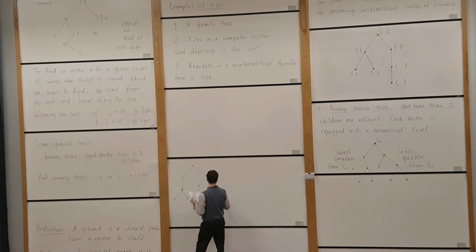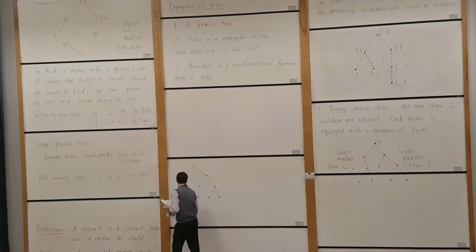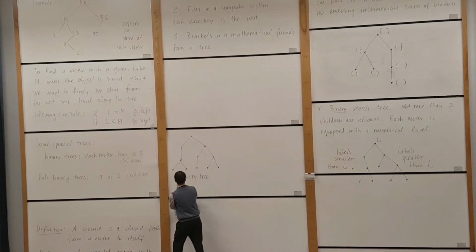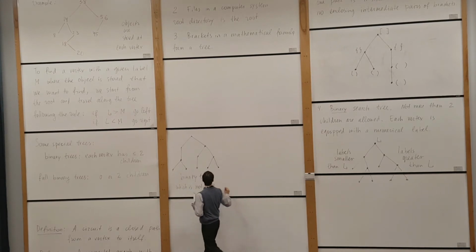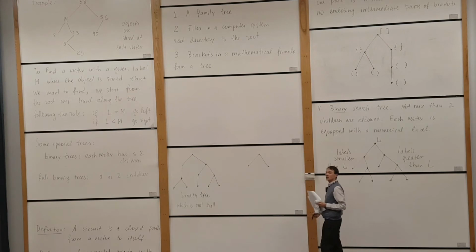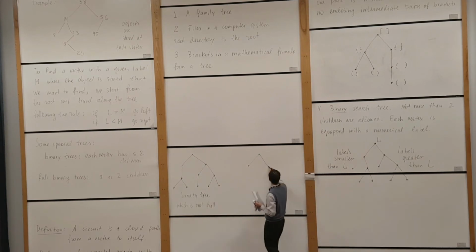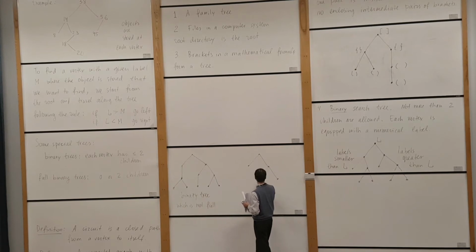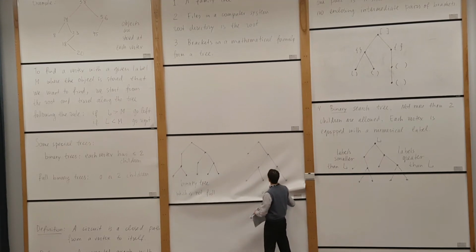They will have exactly one descendant. So this is a binary tree which is not full. Here's an example of a full binary tree. So here, you either don't draw any lines downwards, and then you have a leaf, or you draw precisely 2 lines downwards, 2 edges. Okay. So this is an example of a full binary tree.